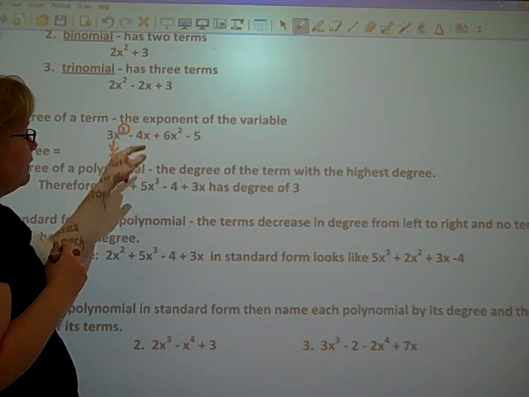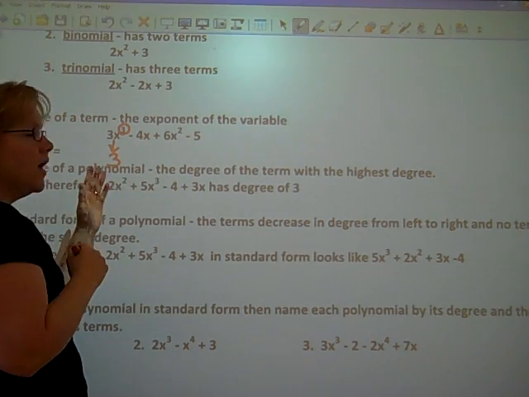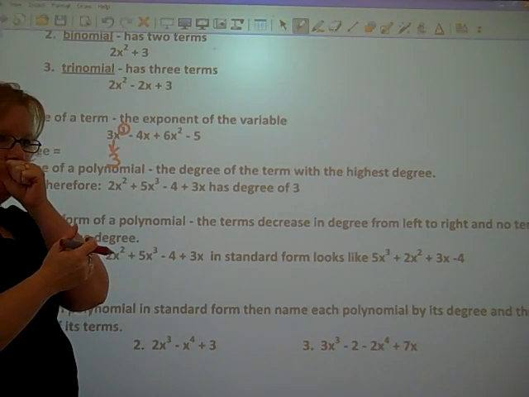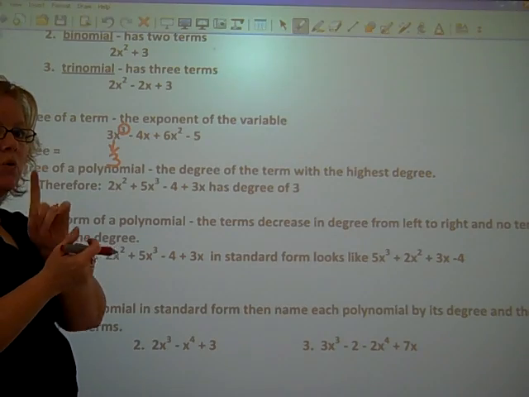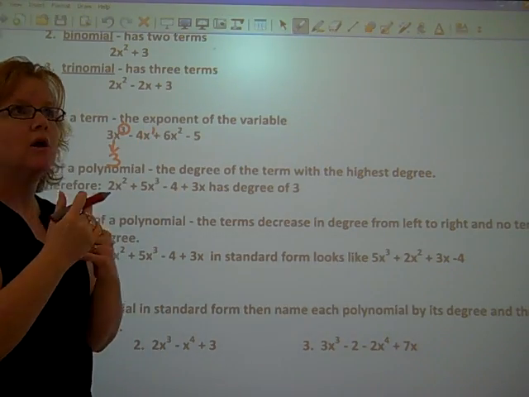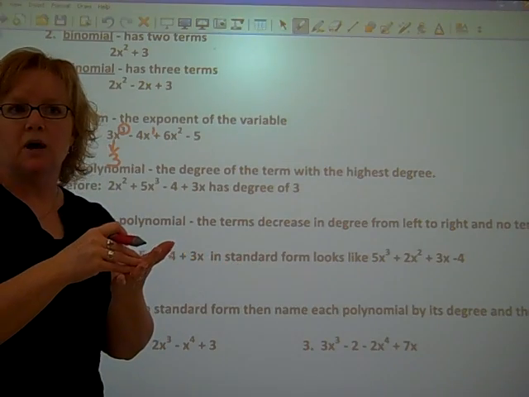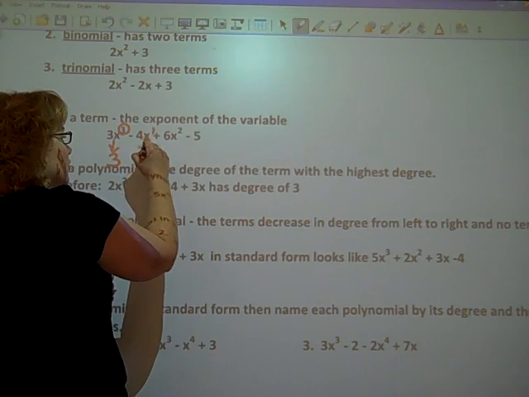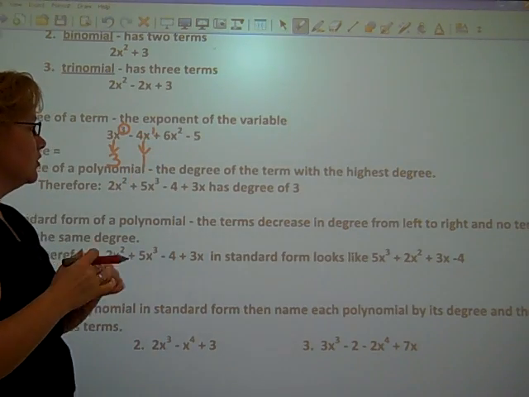This negative 4x, what is the degree for that one? What's the exponent for that one? Not 0, 1. Remember they don't ever put that 1 there, but it's implied, because what's anything to the first power? Itself. So they're not going to put that, but you need to know it's there. So the degree is 1 for that term.